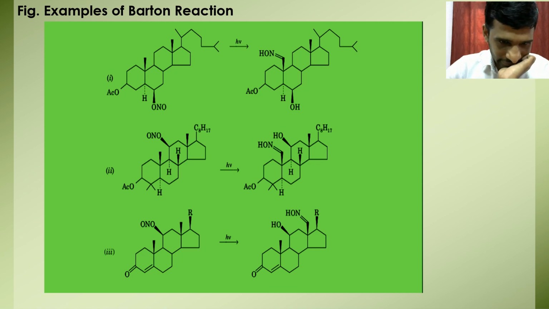Now in the second case, the situation is somewhat different. Here, instead of the second ring, the NO2 group is present on the third ring, in between the cyclohexane and cyclopentane rings.